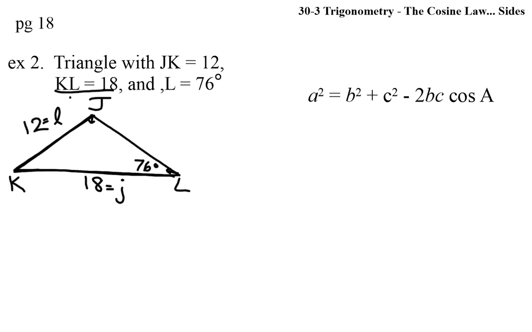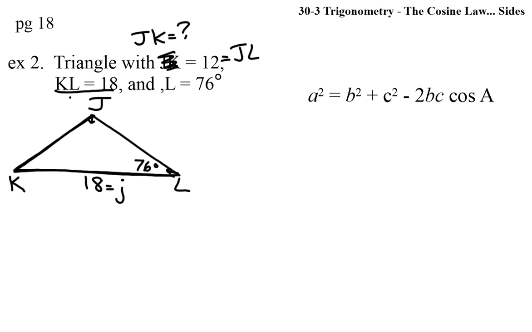Look at that. I messed up. I apologize. We want JK. I wrote this question down wrong in my book. Side KL is 18 and JK is 12. Wait a sec, that's what I have. JL is 12. Sorry. I apologize for that. I wrote it down wrong. So JL is 12. So I need to change this a bit.